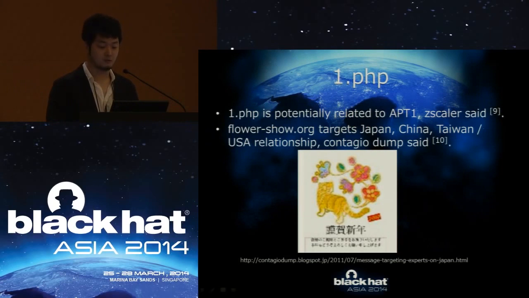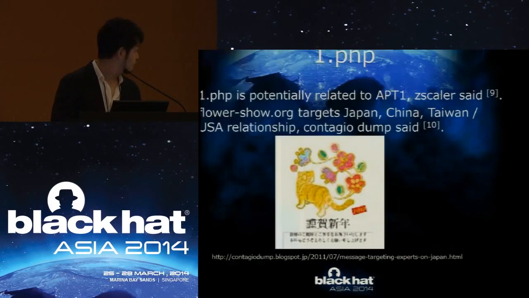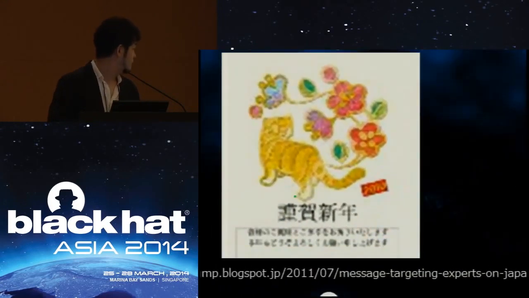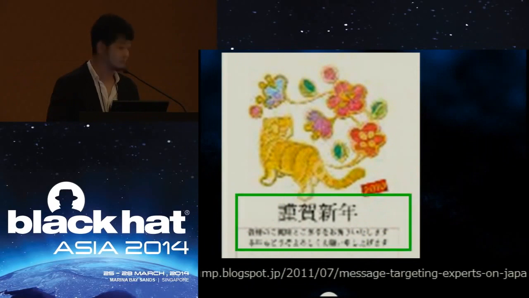This picture is a fake document that appeared for the infected person. This message clearly targets Japanese people because it is written in Japanese. And this is a Happy New Year card for 2010.